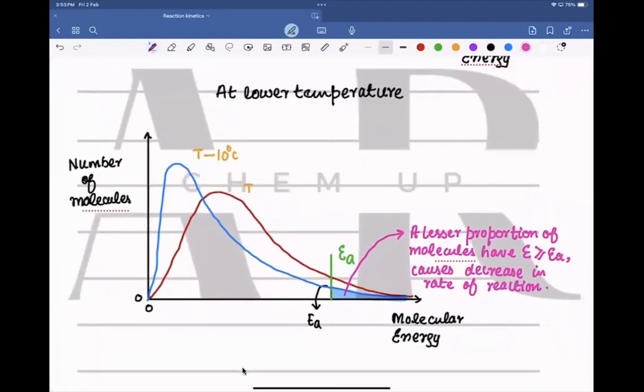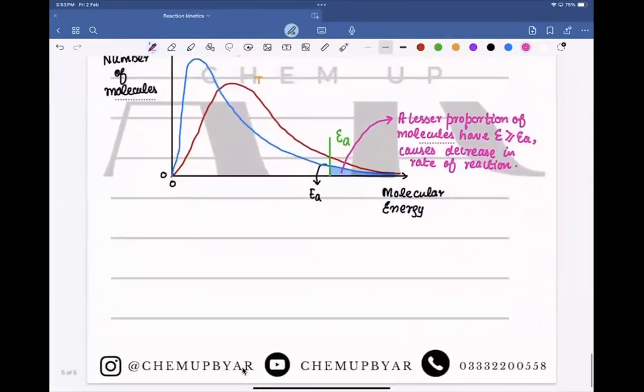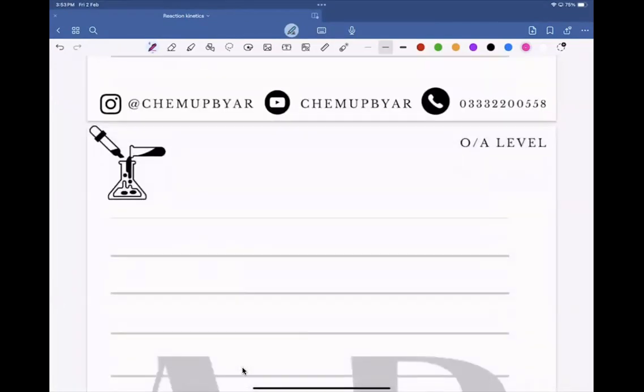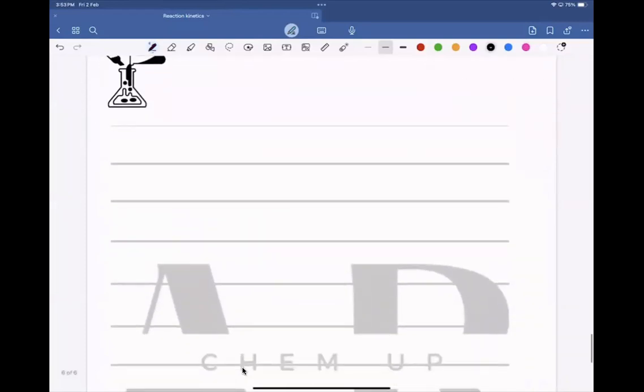Ahmad, Kubra, and Yusuf. Yes. Okay. Now, after this, the next subtopic, the last one that we have, is called catalysis.